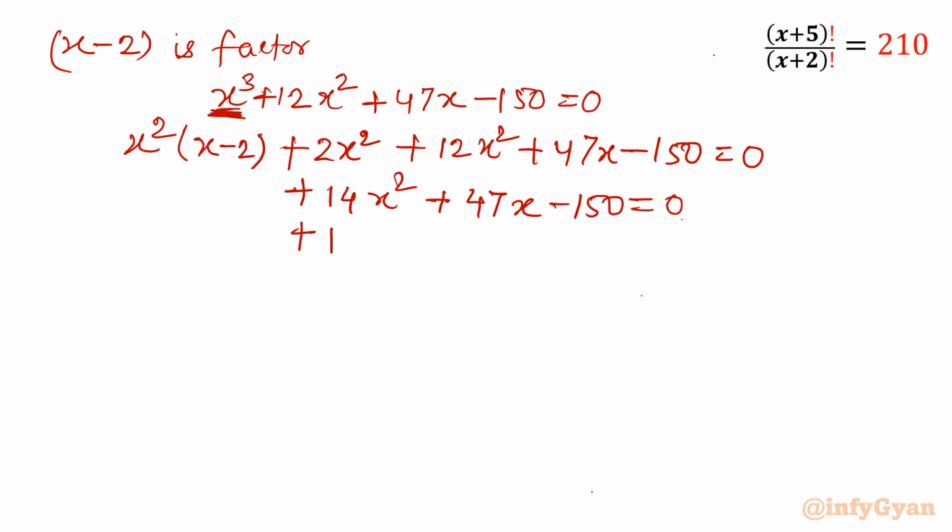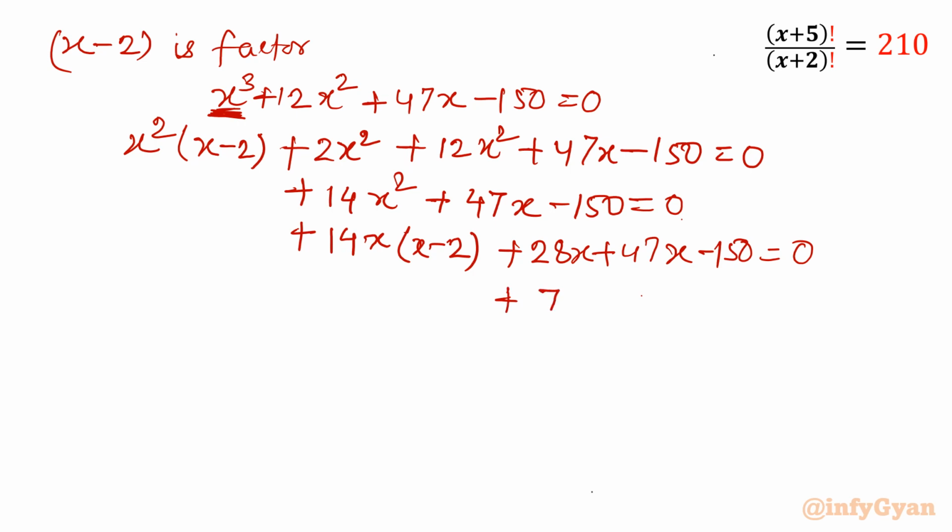Let me do the same job: 14 times x, replaced by that factor, so to counter that minus 2 we have to add plus 28x, plus 47x minus 150 equal to 0. Next step, this becomes 75x minus 150 equal to 0.